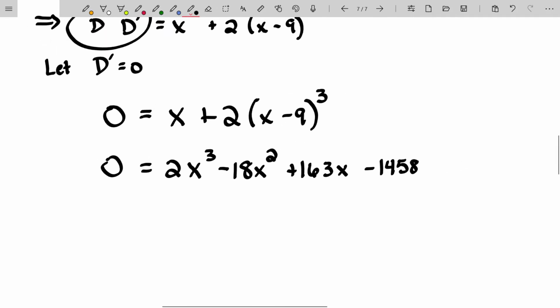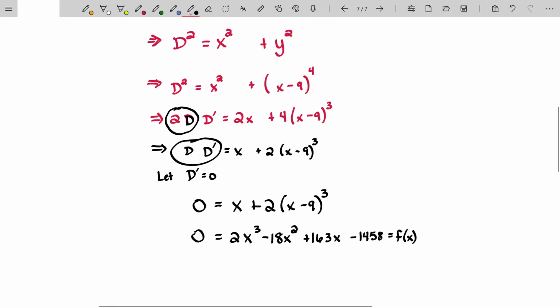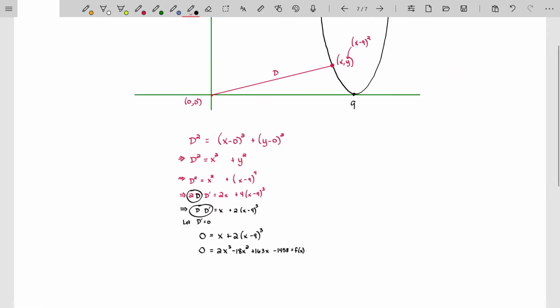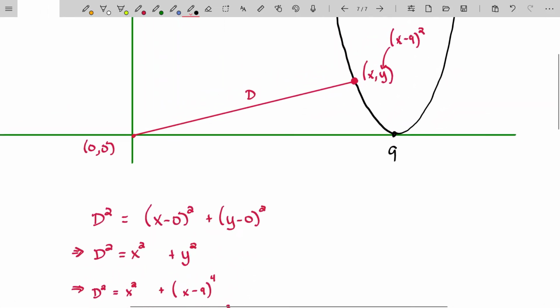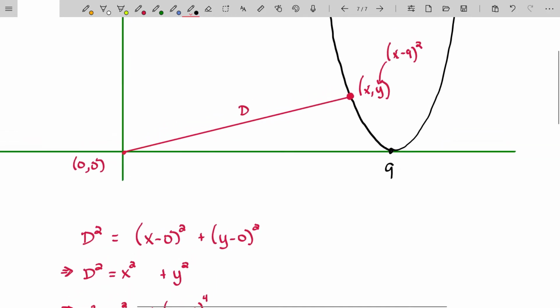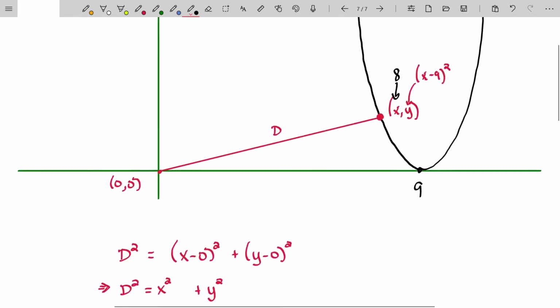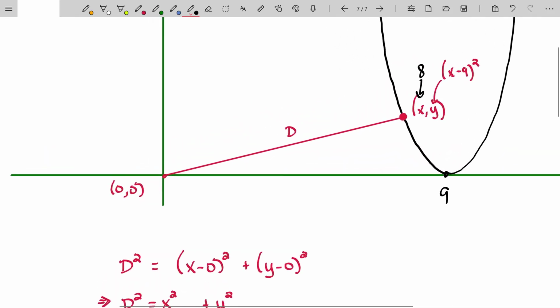I'm going to call this right-hand side f of x, and I'm going to take a guess as to what the solution is. Now I really need to take a good educated guess. I'm going to say that x equaling 8 will be my initial guess. Remember what x stands for. It's the x value of the coordinate that is closest to the origin.